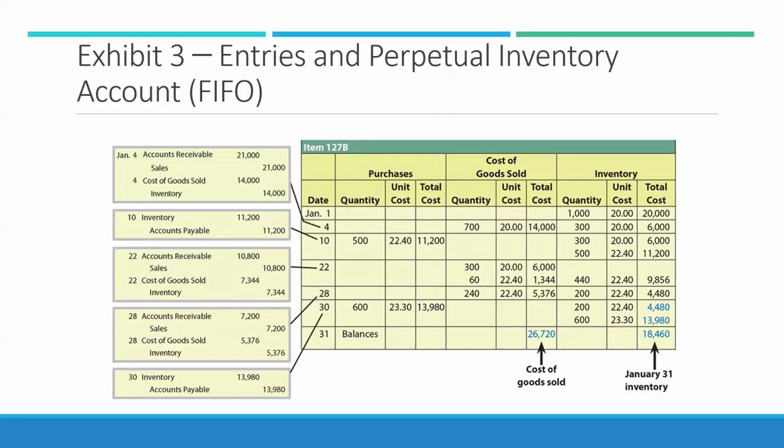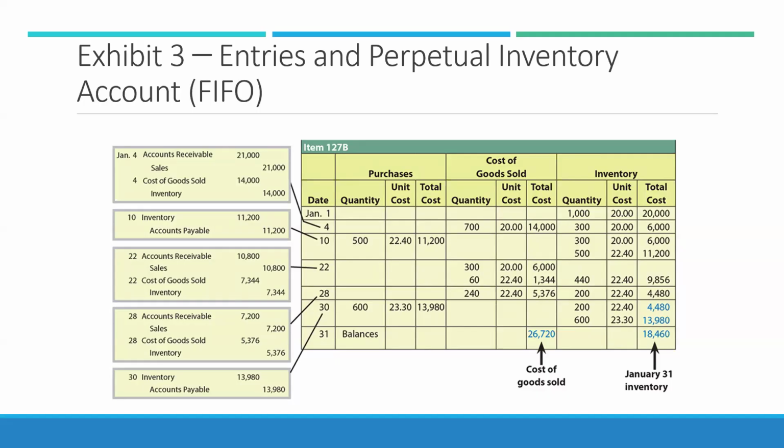So here's our example under the FIFO method. So we have our initial quantity of 1,000 in inventory at $20 a unit. Then we sell 700 units of inventory, and the cost is $20 a unit because this is first in, first out, but also we only have the $20 inventory on hand on the 4th.